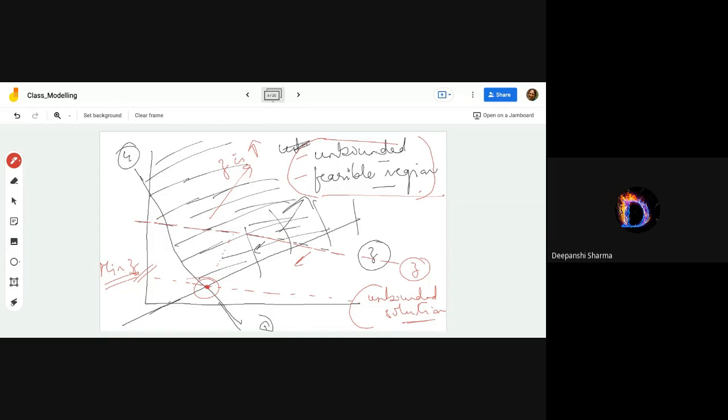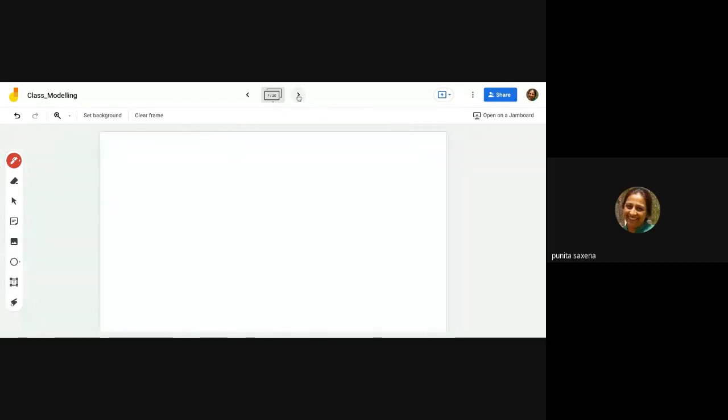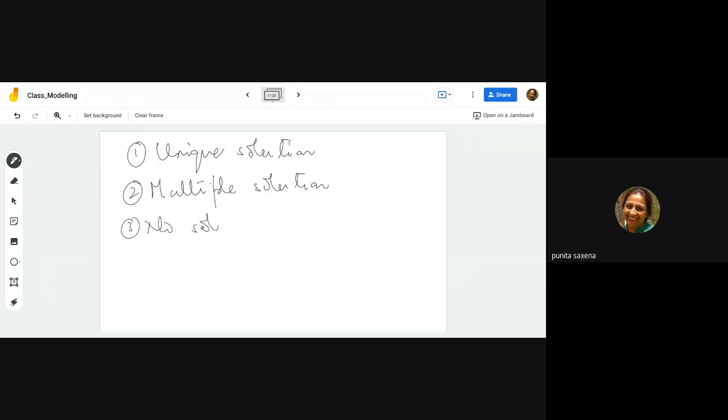Yes, ma'am. So that means we have the cases where we have a unique solution. Okay. We have the cases where we have multiple solutions. We have the cases when there is no solution, and we have the cases when we have an unbounded solution.